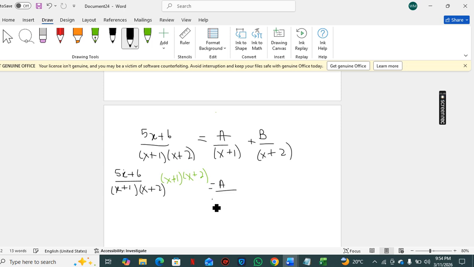Every expression you're going to multiply with x plus 1 times x plus 2, because we just want to get rid of these denominators here.